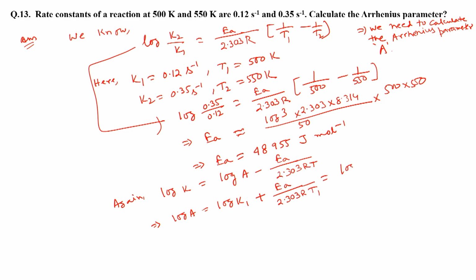So, we get log of K1 which is 0.12, plus the activation energy value we just calculated, 48955 by 2.303 times R, which is 8.314, and the value of T1 is 500.